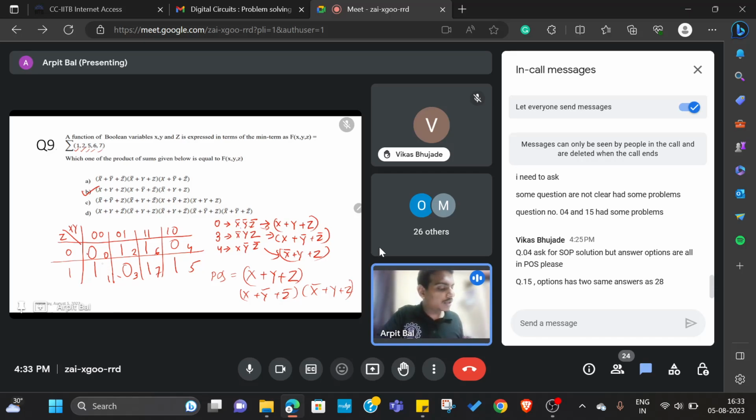I figured those terms out and presented it here. And for the product of sums representation, I just showed how we need to map the multiplication with the addition. Okay, the complements become non-complements and non-complements are complemented, and then you just take the product of them.